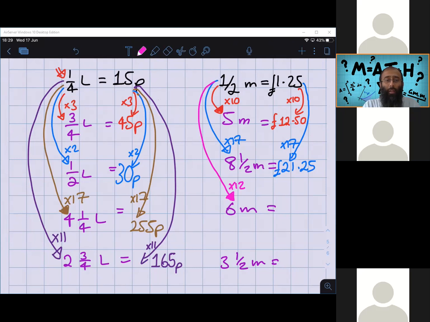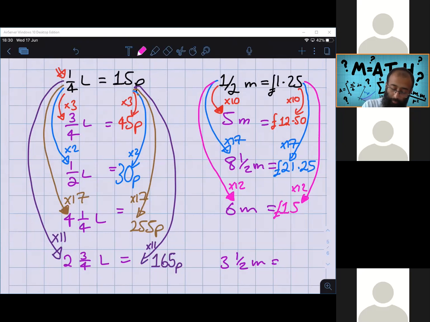So it's in the half meter times table. So you've got 1.25 times by 12. You're supposed to be ideally working this out manually on your pen and paper, on your pad. But we are just trying to save a little bit of time in the lesson, and she's using a calculator. Don't tell anybody.